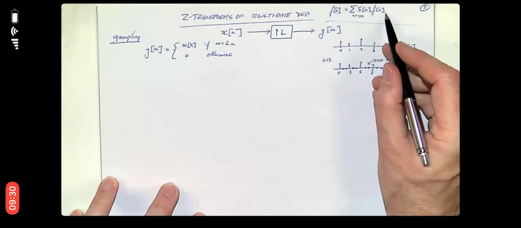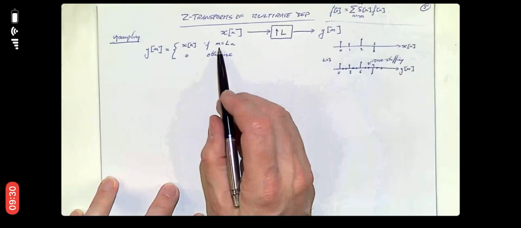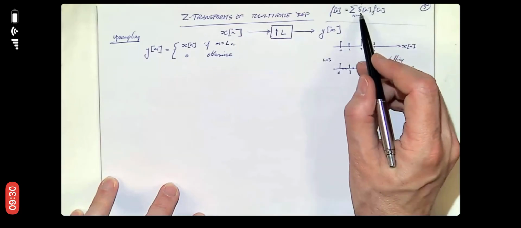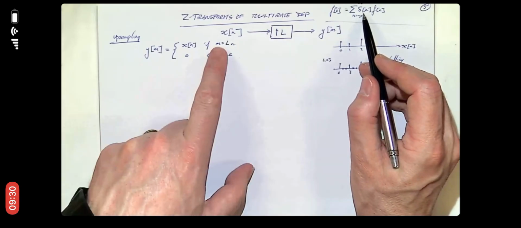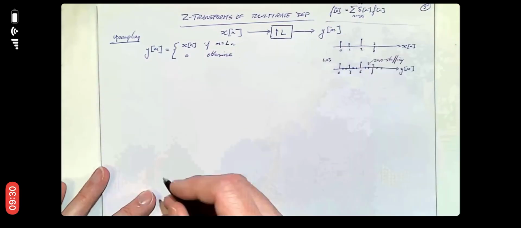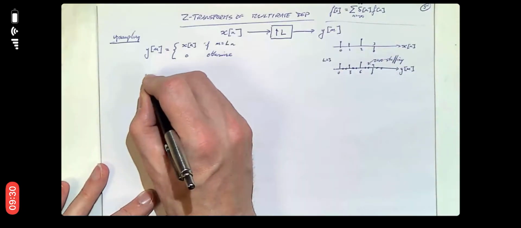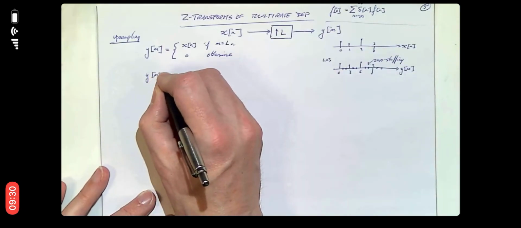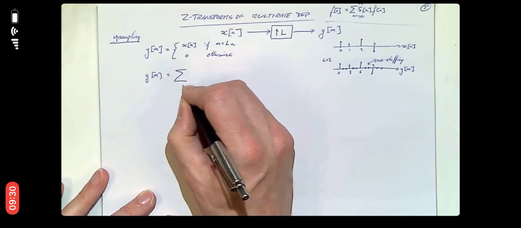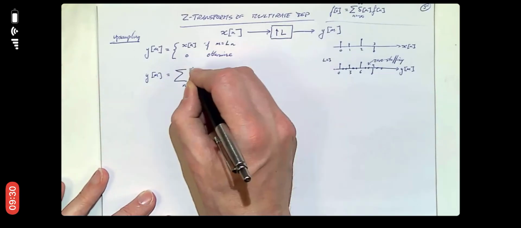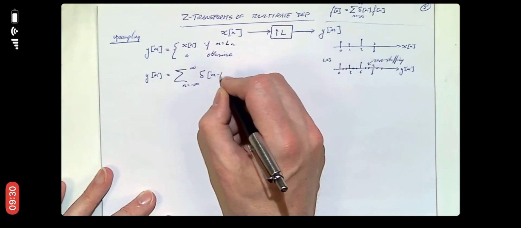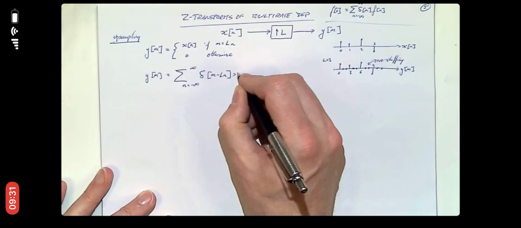So if we want something that's true when m is equal to Ln, we calculate this for delta of m minus Ln, and then we sum up over all the n's. So we get the same result by saying y of m is equal to the sum over all n's from minus infinity to infinity of delta of m minus Ln times x of n.